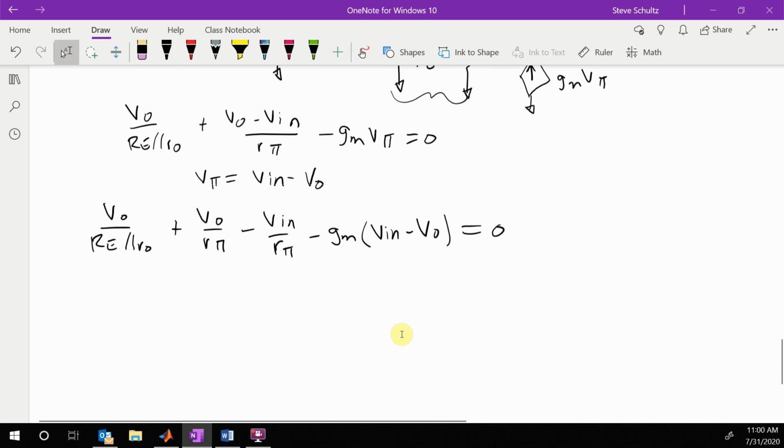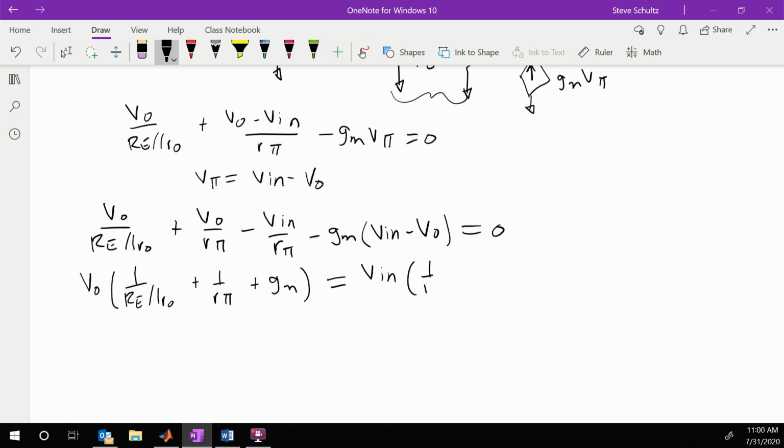Okay, so now we put all of our VOs on one side, all of our V ins on the other side. So we have VO times 1 over RE in parallel with RO plus 1 over R pi plus GM equals V in times 1 over R pi plus GM.